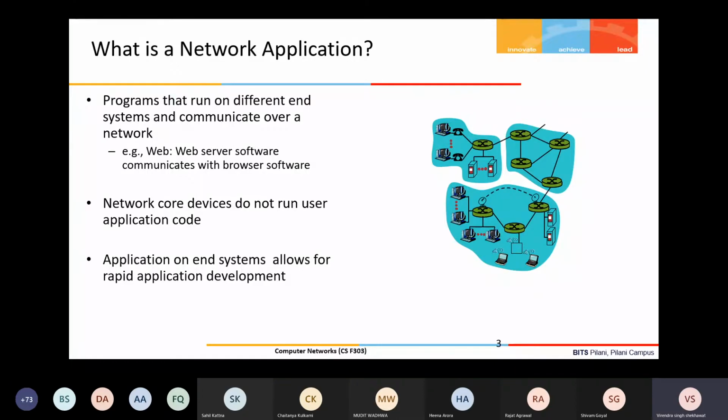Now, what we are doing over the internet: if the machines are connected to each other, then we are running some applications on the machines, and these applications communicate. So how is a network application different from other applications?